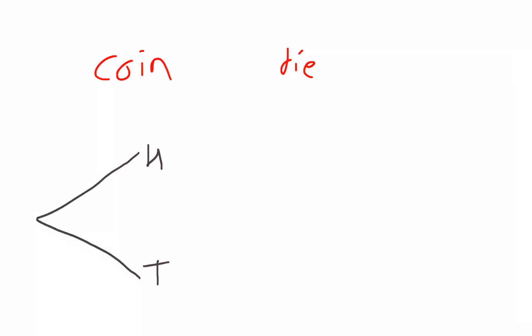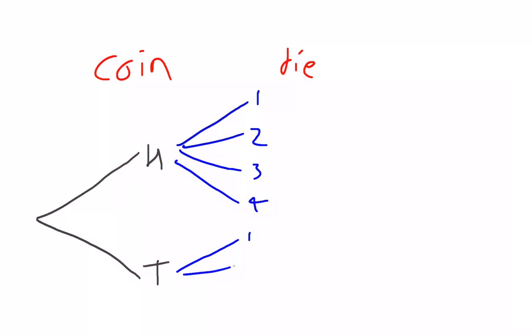Now, if I were to roll heads on the coin, what are my options for the die? Well, I could get 1, 2, 3, or 4. If I rolled tails on the coin, what are my options for the die? Again, I could get 1, 2, 3, or 4.